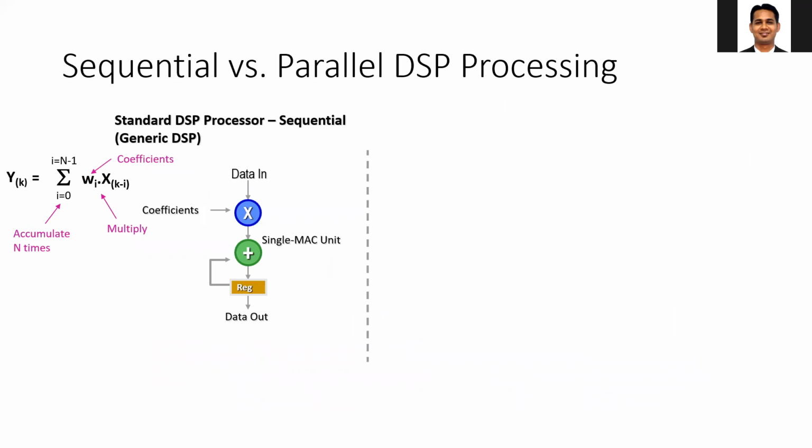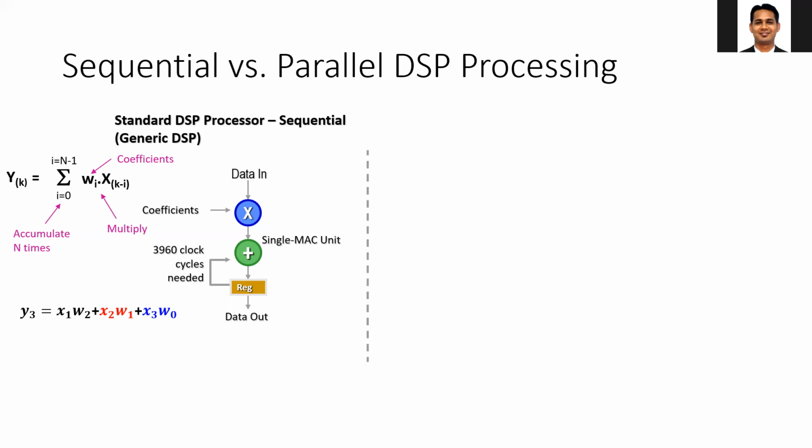Suppose you implement this convolution operation in the processor. You need to do this operation in a sequential fashion because you have only one MAC unit. So you have the MAC unit, you have the adder unit, and then you have the accumulator using a register. So if N is equal to 3960, then you will take at least 3960 clock cycles, assuming that one MAC operation takes one clock cycle.